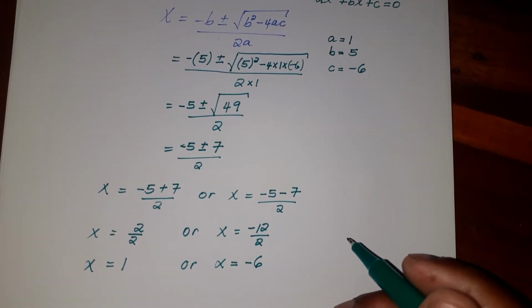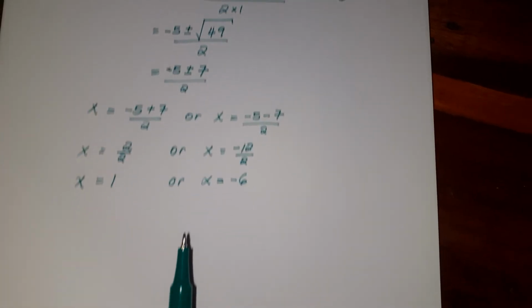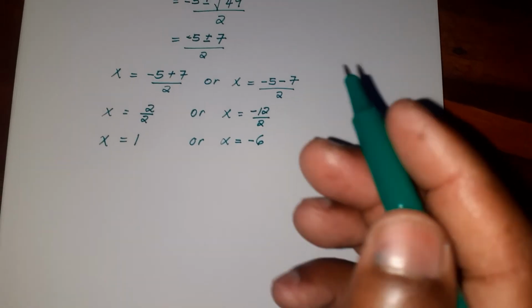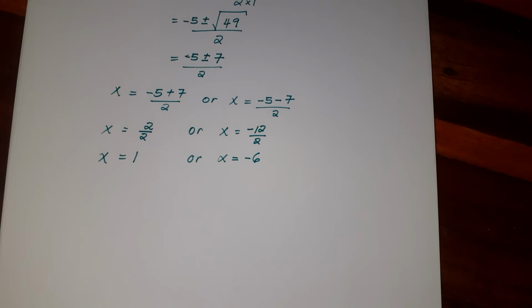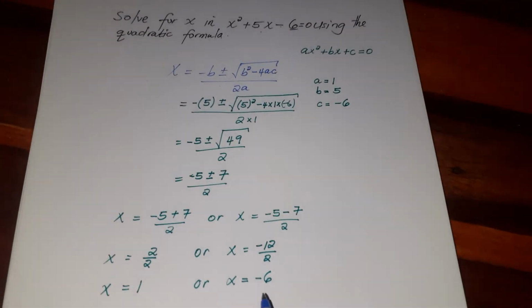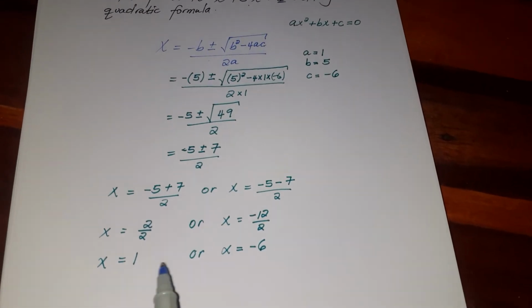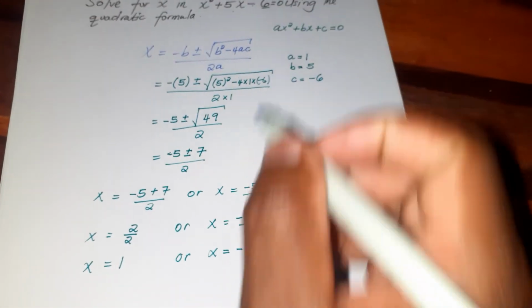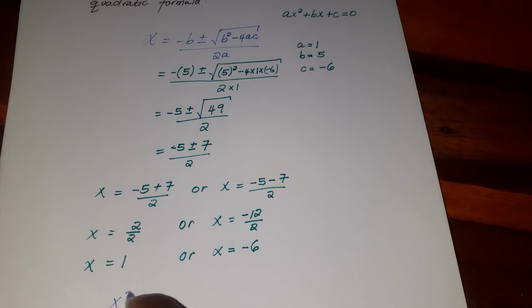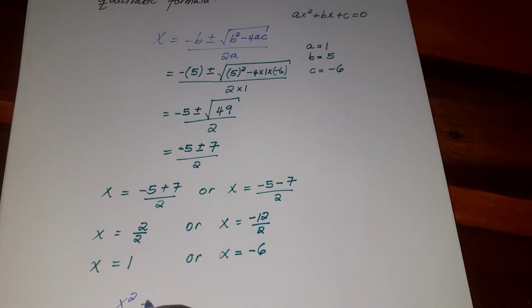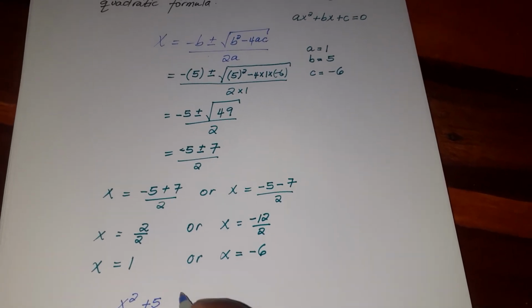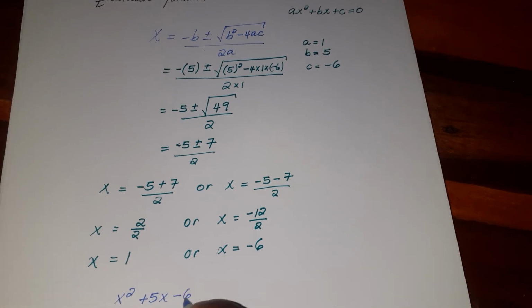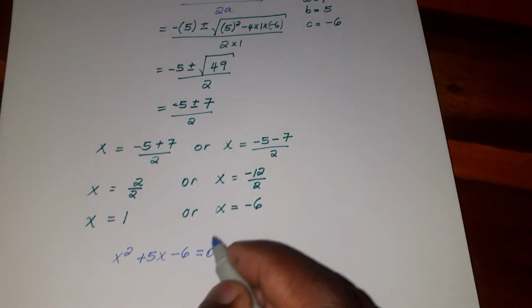Now, in order for us to prove that our answers are indeed right, let's go back to the original equation and try to plug in these values and see if we are getting 0. Our original equation is x squared plus 5x minus 6 equal to 0.